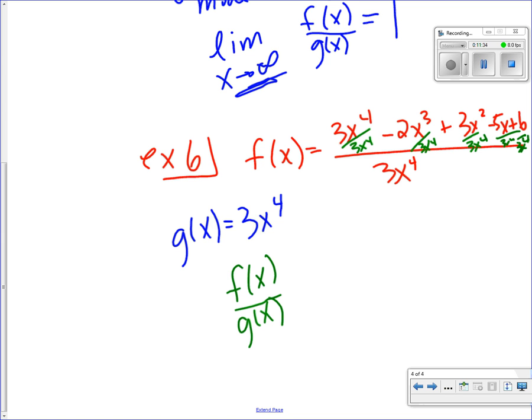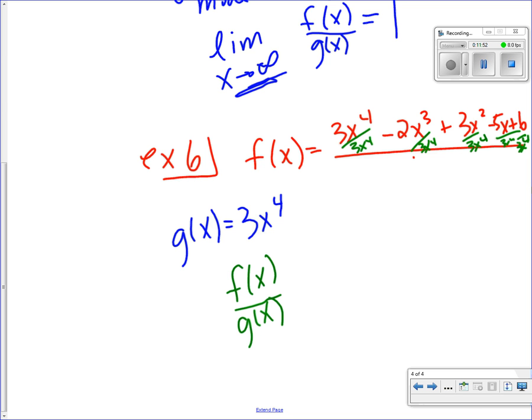Sorry, I was reading my notes wrong. F is just the original function. Sorry if that confused you. What I was writing in was the division. I was a step ahead. Okay, so f is a polynomial. F is the one in red: 3x to the 4th minus 2x cubed plus 3x squared minus 5x plus 6.